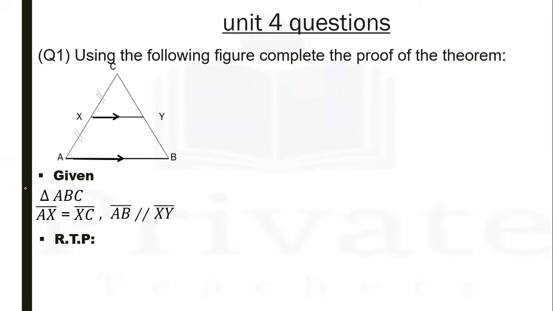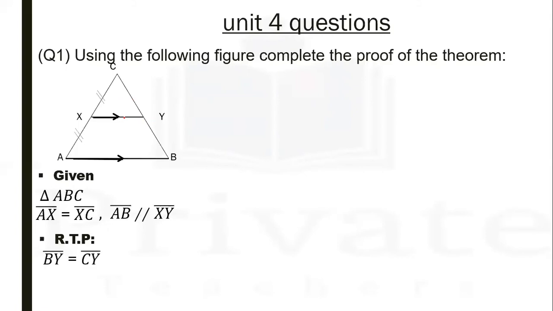Again, the line which is drawn from a midpoint of a side of a triangle, parallel to another side, will bisect the third side. So we have to prove that the point Y is the point of bisection, the midpoint of the side BC. This is what is required to prove.